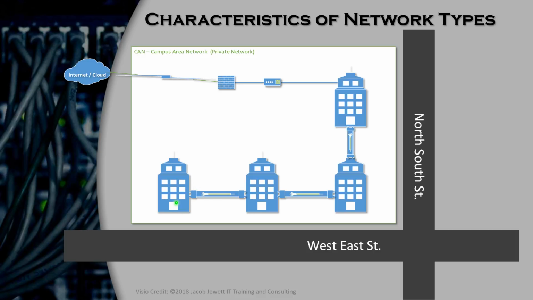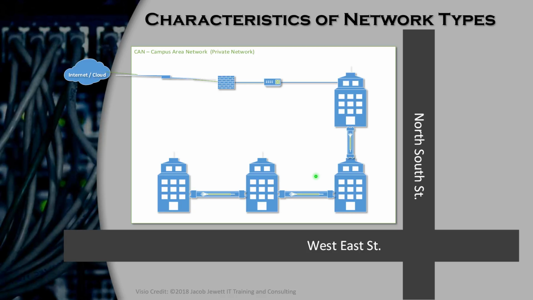Now, the important thing to understand about a campus area network or a corporate area network is that these will exist in one plot of land. So if you see here, I have North-South Street and West-East Street, and it's on a corner of a street. So I assume that if there's another street up here, maybe this company is taking a block and they have multiple buildings in that block.